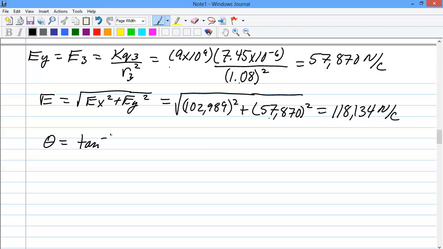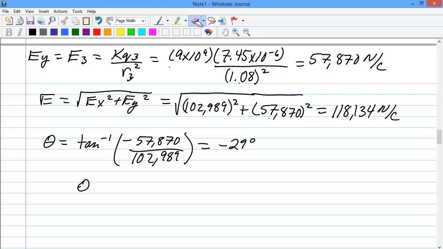Theta is the inverse tangent, but EY is in the negative direction, so I have to use the negative sign here, and that's 57,870 divided by the positive 102,989, and that gives me negative 29 degrees. But it has to be between 0 and 360.